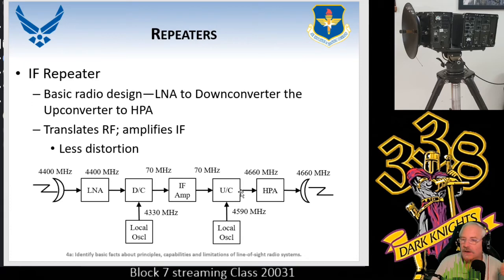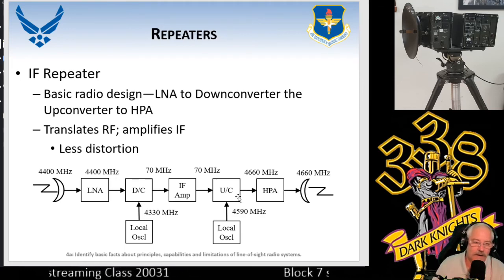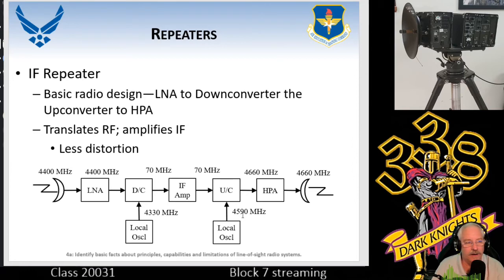Now during this process, there are filters in there too, so you're going to eliminate a lot of the noise when you compare it to RF. So when it transmits out, again, it's got to be amplified because you manipulated the signal to 4660 megahertz. So there you have your two basic requirements of a repeater, which is frequency translation and amplification. But this one breaks it down into the 70 megahertz.